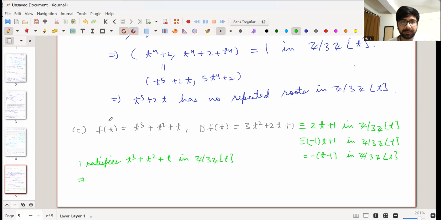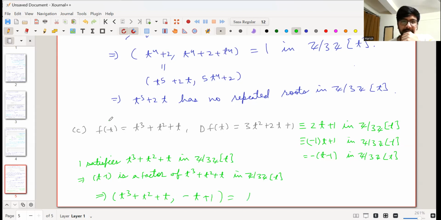So this implies that t minus 1 is a factor of t^3 + t^2 + t in Z mod 3Z[t]. So what is the GCD? The GCD of t^3 + t^2 + t and 2t + 1 is nothing but t minus 1, right?